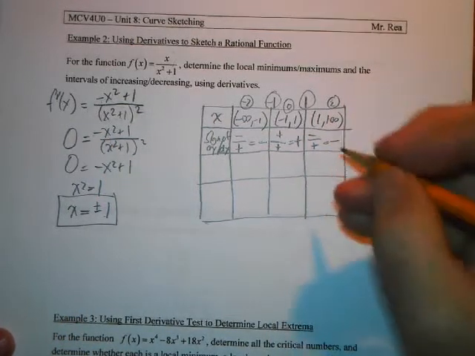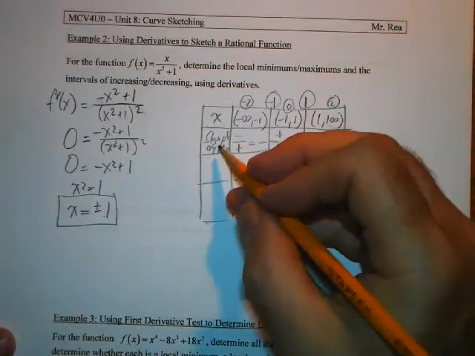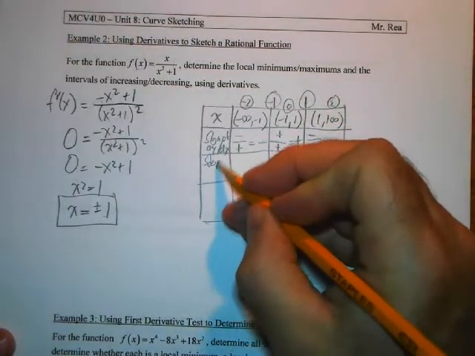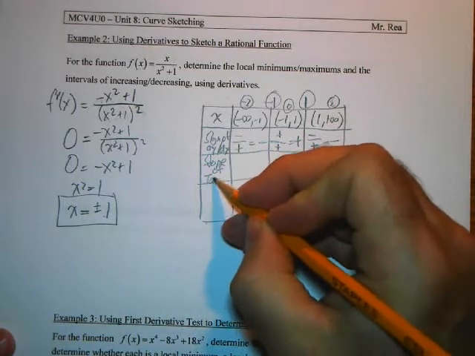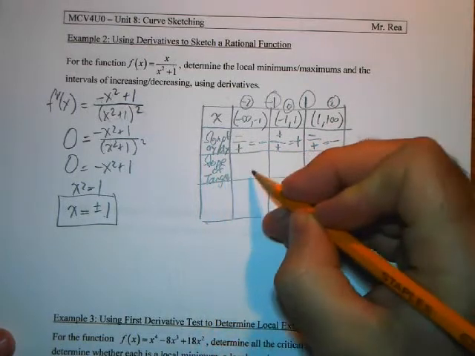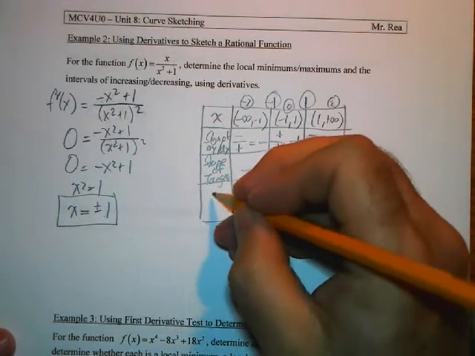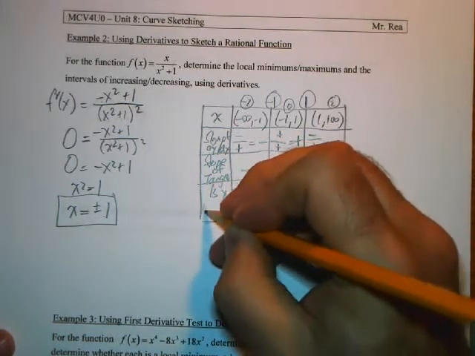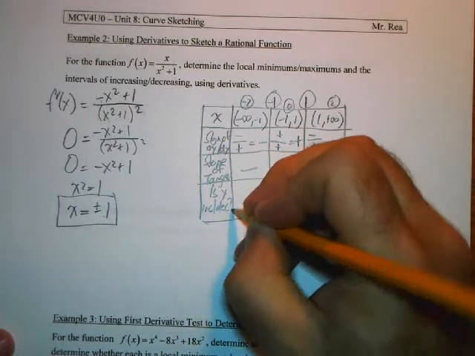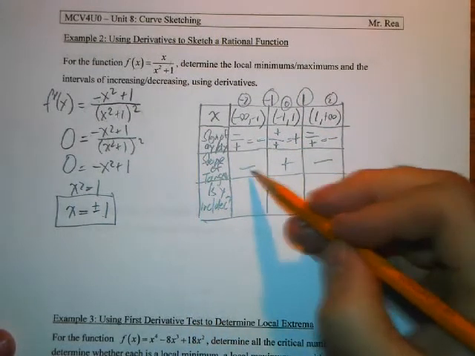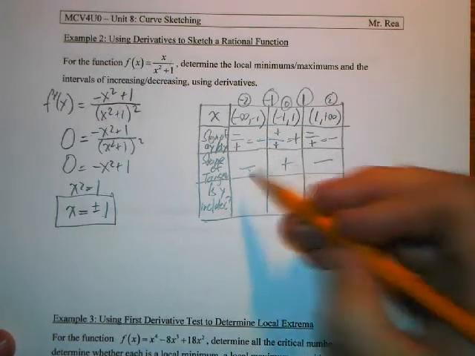Okay, so overall, if I want to talk about the slope of the tangent, well, negative, positive, negative. And if I want to ask whether y is increasing or decreasing, well, you can see right from there that it's decreasing. So let's make it more visual.